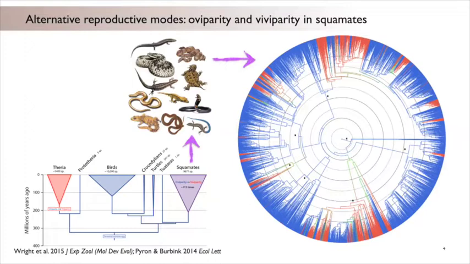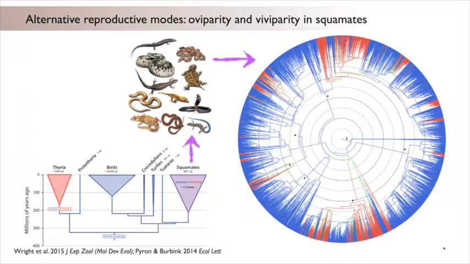It's also associated with different life histories. There's extensive theory about the effect of viviparity on reproductive rates, for example, and maternal investment, which I'm not going to go into today. But there are also biogeographic associations.